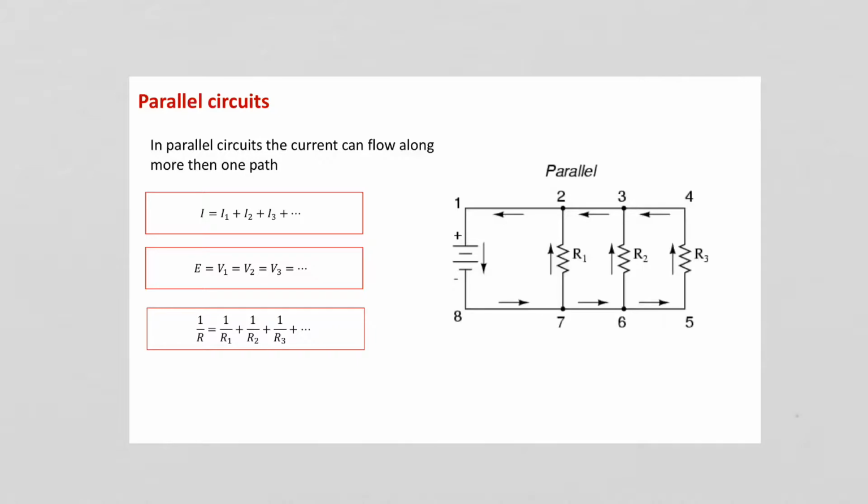Finally, the resistance of this circuit can be calculated from the resistances of the individual resistors. So the total resistance can be calculated using the formula: 1 divided by the total resistance is equal to 1 divided by the resistance of the first resistor plus 1 divided by the resistance of the second resistor plus 1 divided by the resistance of the third resistor. But there is a different formula that can be used.